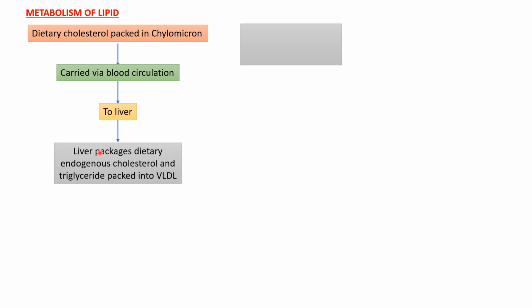Then the liver packages dietary and endogenous cholesterol and triglyceride into VLDL. Basically, in the liver the dietary and endogenous cholesterol and triglyceride are packed into very low density lipoprotein.